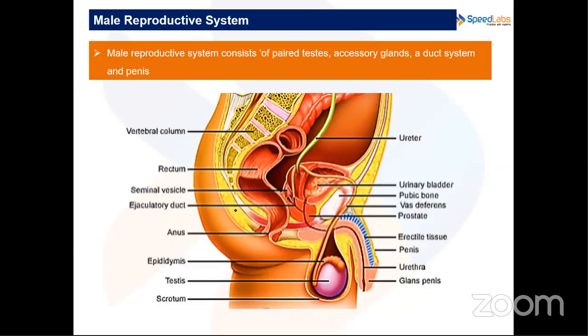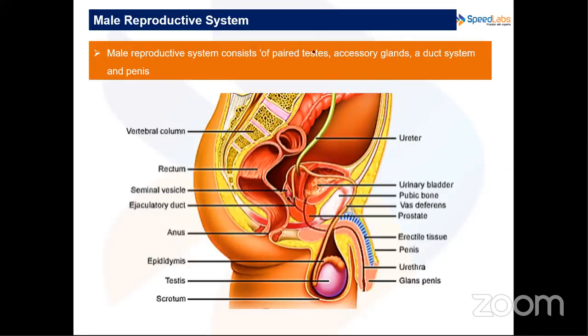They then join the urethra, and in the male, the urethra is the common passage for urine and sperms. It comes and joins and then goes into the penis, which is the external genitalia, the glans penis. So this is roughly what I was telling you.